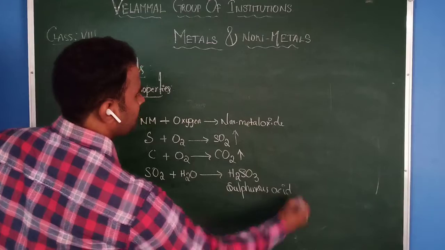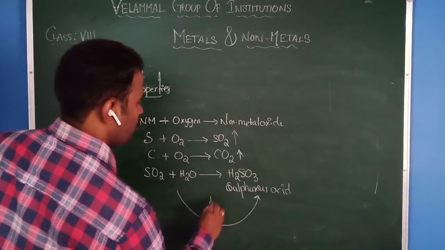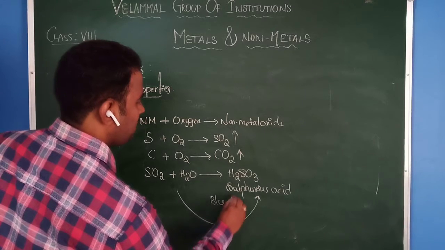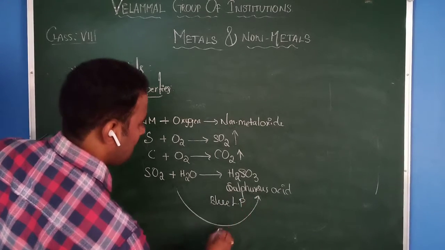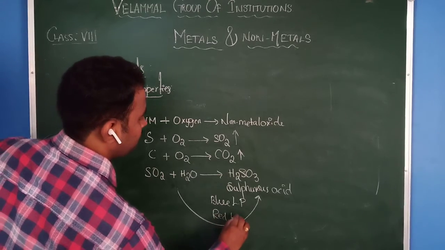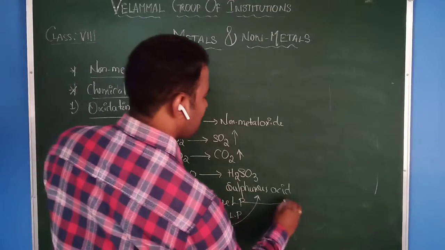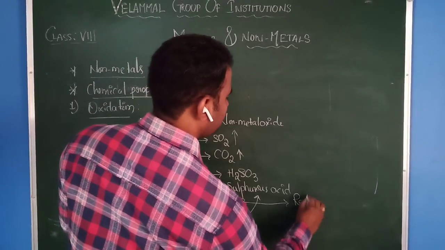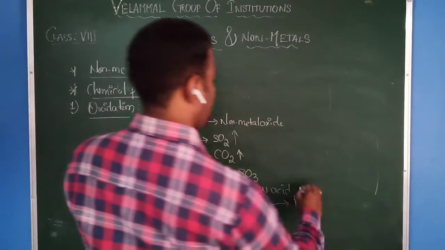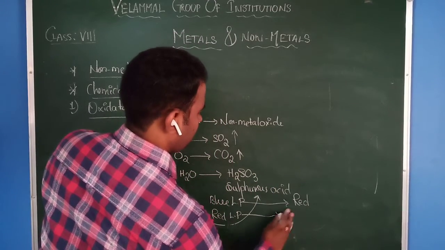In the same way, just dip blue litmus paper and red litmus paper. Then here you can see blue litmus changes into red, and red litmus doesn't change its color.